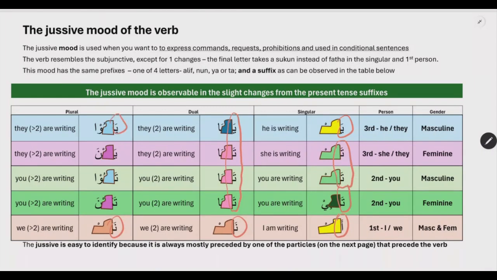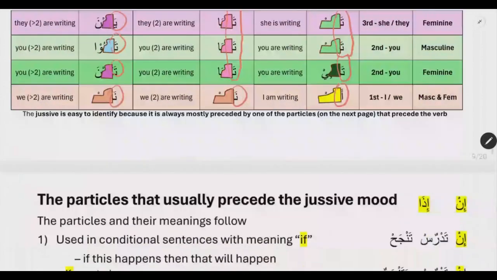Here also ya, and yaktubu, yaktubna, taktubu, and taktubna, right? So the ya's and ta's are coming exactly the same as in the previous table. So the main feature we're looking at is the jussive mode. He's got the sukun as the feature that you must look out for.